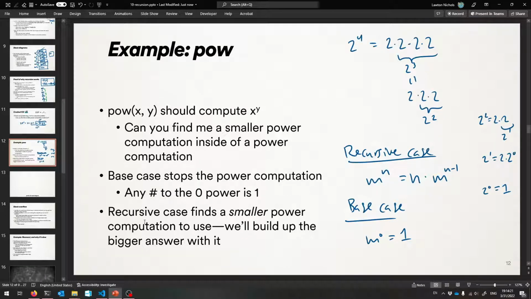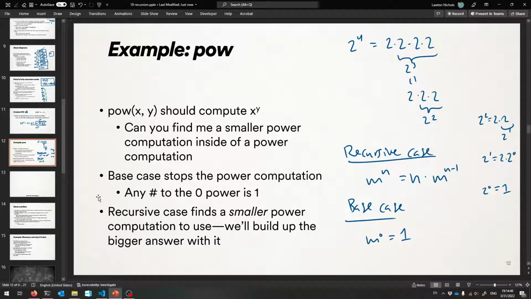Okay? And so what the recursive case is doing, it's finding that smaller power computation and using it to build up the bigger power computation. And we get to assume when we're coding this up that this smaller recursive call is really going to get that answer correctly. As long as we build up the answer, the original input will be correct.